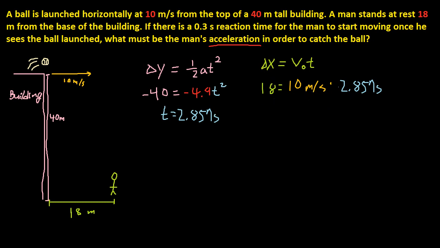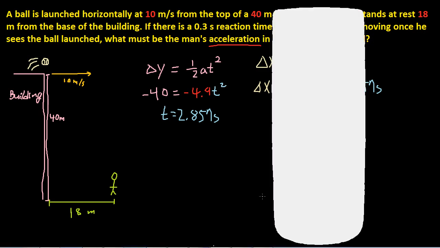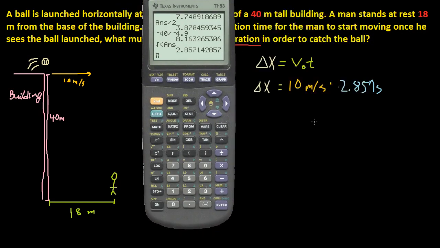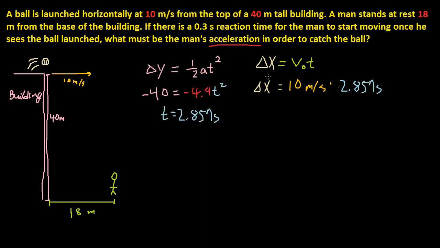I mean, this is still unknown. My bad, this is still delta x. This is for the ball, so let me change the color. The ball would be this color. We don't even need a calculator for this.